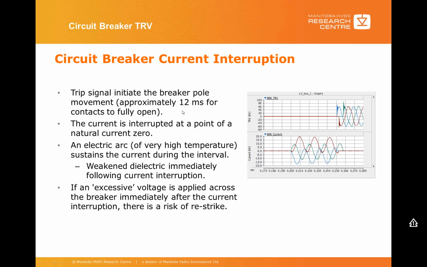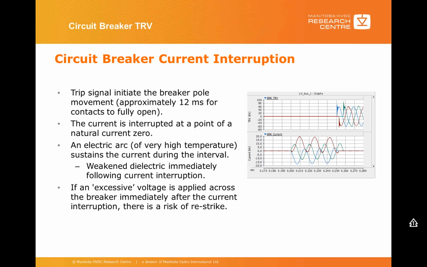Even though the poles are physically moving apart, the current is still flowing until the next natural current zero comes. In other words, an electric arc will form between the poles to facilitate the current flow through the breaker until the next current zero.